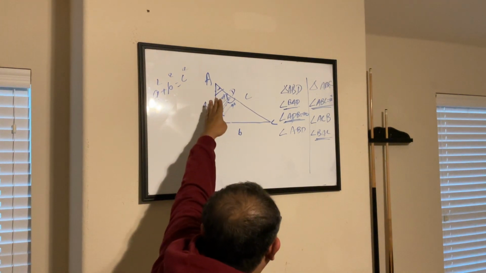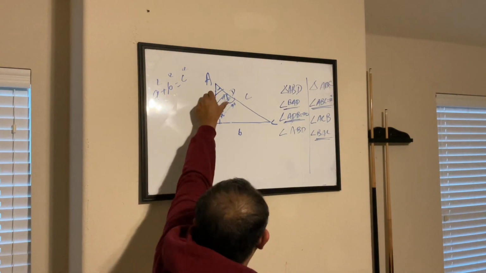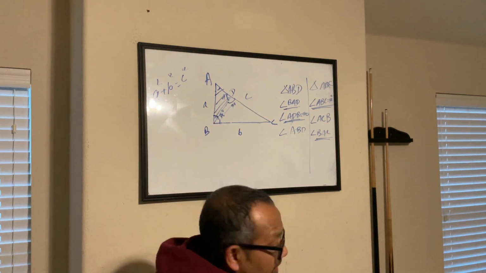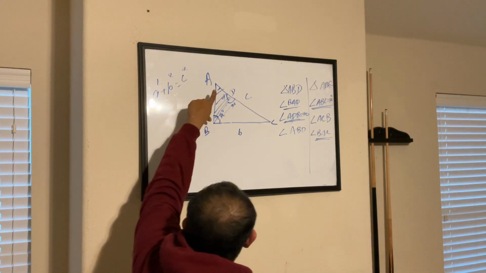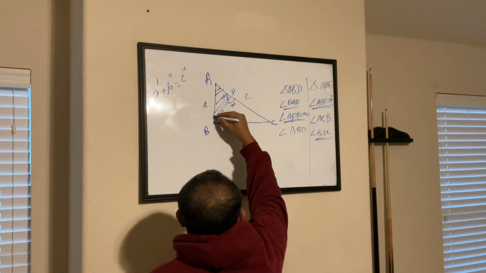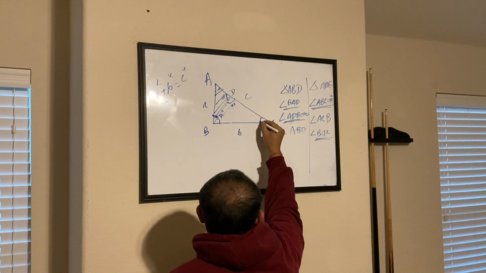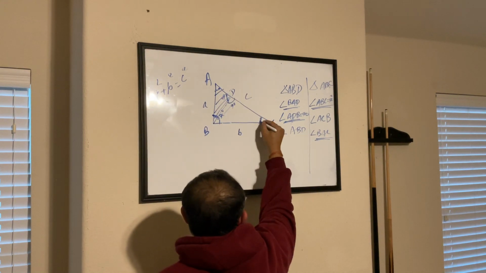Now, when I found that triangle ABC and ABD, meaning this small triangle and this large triangle, are similar, that means their sides will be in the same proportion. What does it mean? Let's look at the matching angle. This angle is matching with this angle now, because this is 90 degree, this is common, so this angle is matching with this angle.